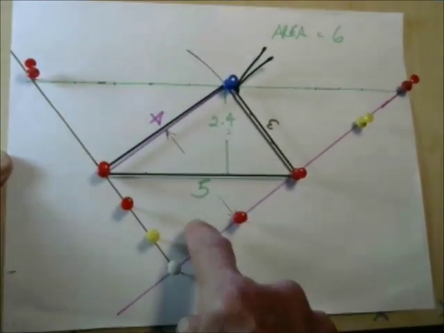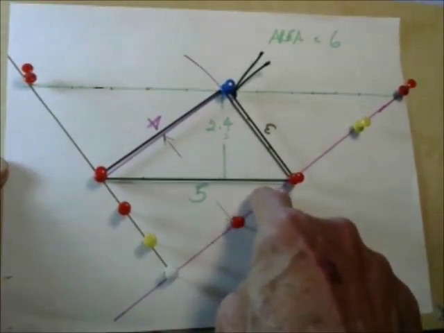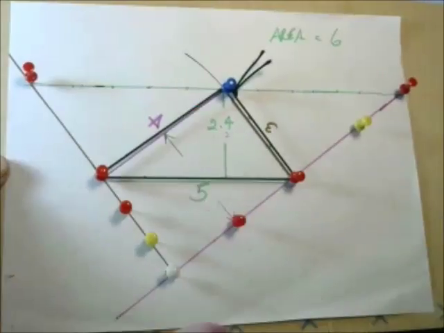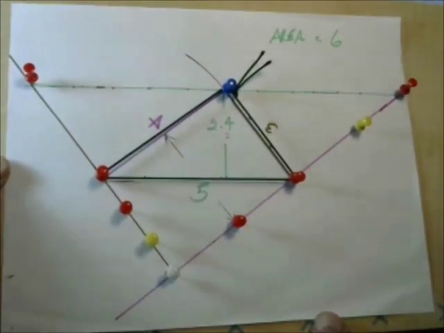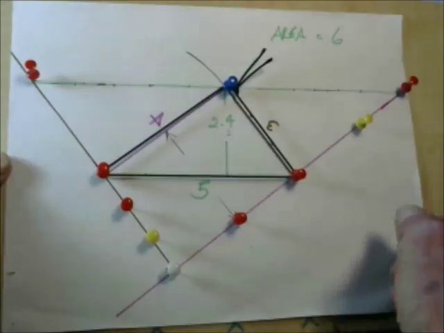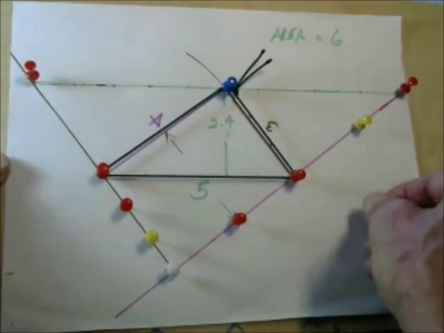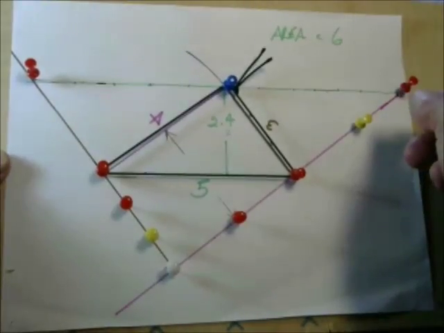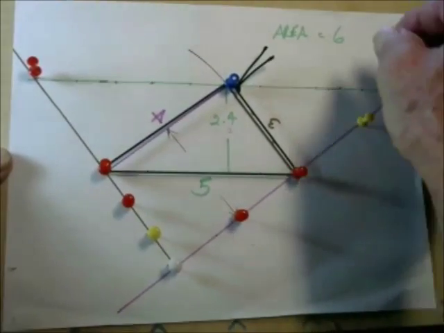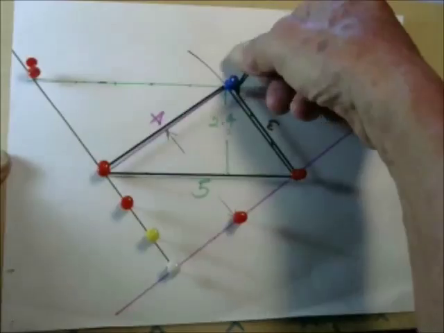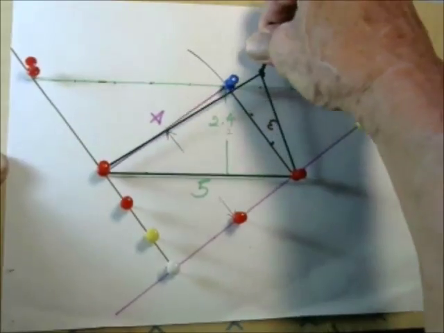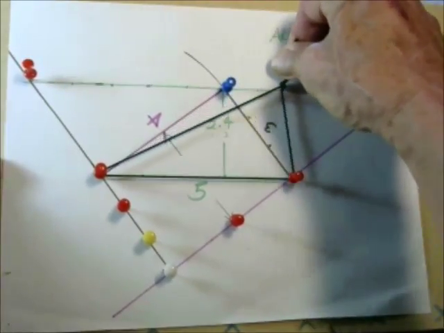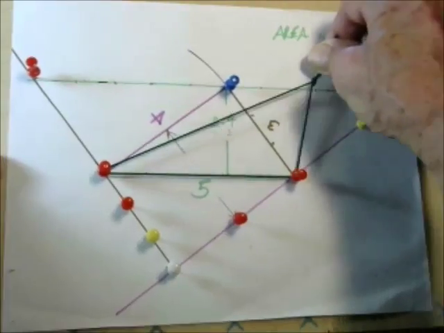Starting with this triangle, it's a 5, 3, 4 triangle, which just happens to be a right triangle. We know that if we keep the height the same and the base the same, the area stays the same.